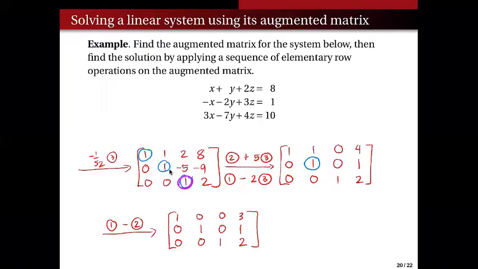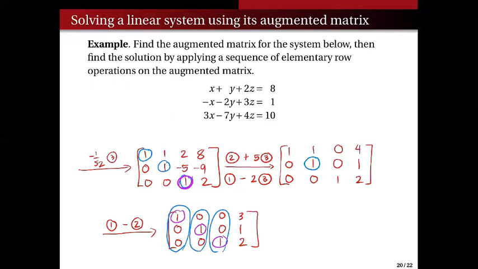So these are all pivot positions. This is a pivot position, this also is a pivot position, and this also. This guy here is a pivot column. This guy here is a pivot column. This guy here is also a pivot column.